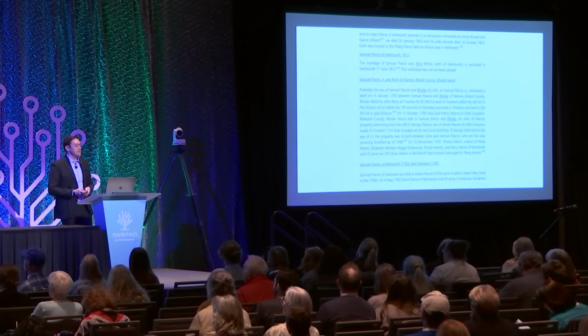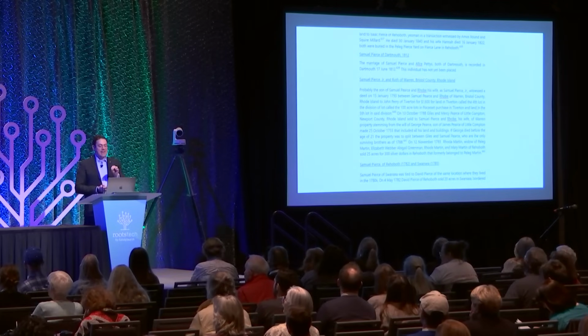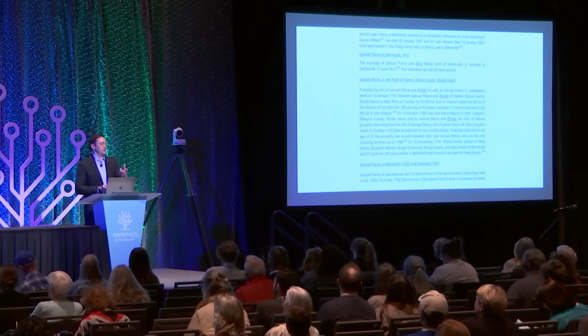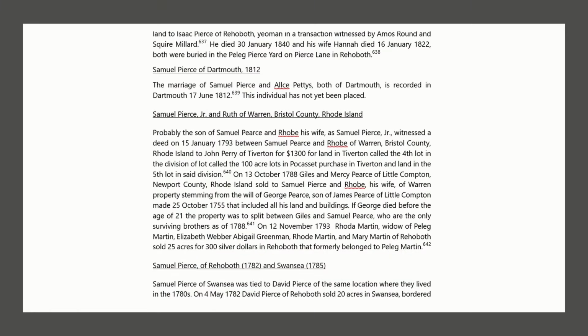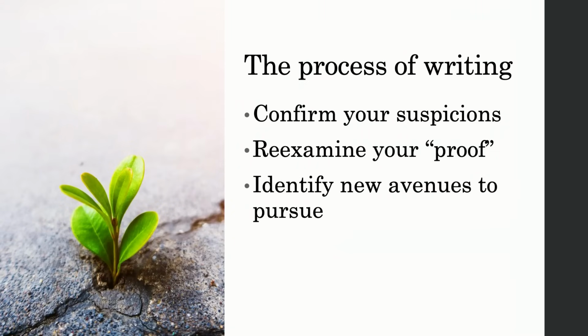That process is important because I can't tell the world about the right Samuel Pierce in my family without sharing how I know it's not any of these other Samuel Pierces. The process of writing will very oftentimes help to confirm your suspicions.